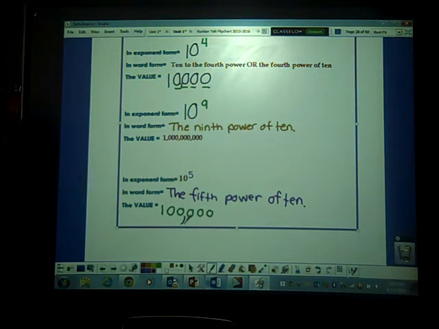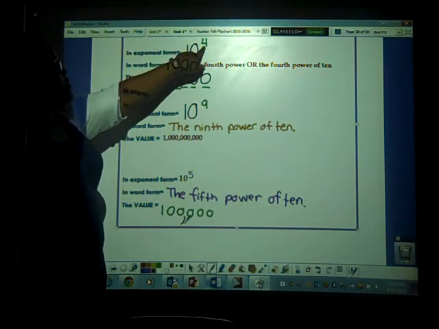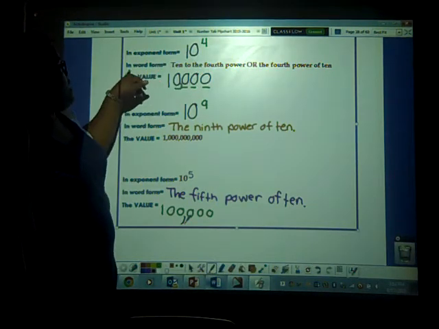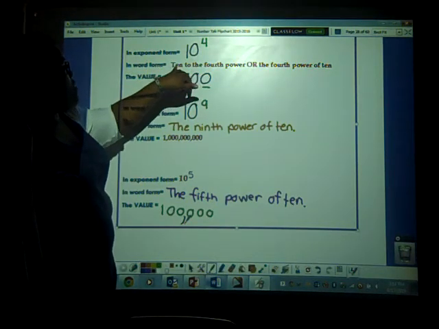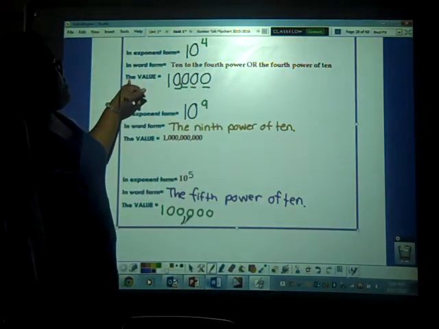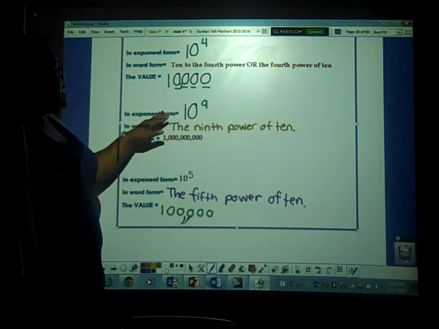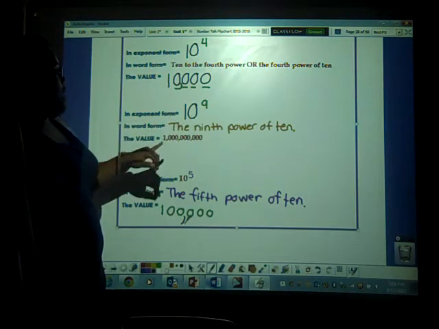Alright, so now that you have this unpaused and you're watching it, you should have an exponent form, 10 to the 4th power, with 4 being your exponent. And then we already have the word form, 10 to the 4th power or the 4th power of 10. The value is 10,000. In exponent form, 10 to the 9th power.